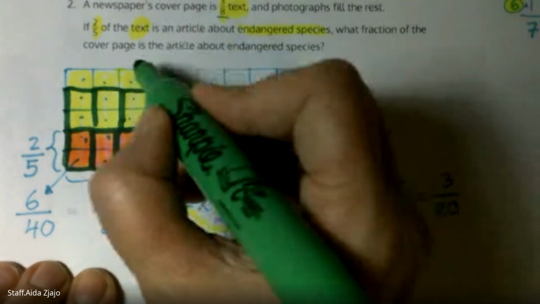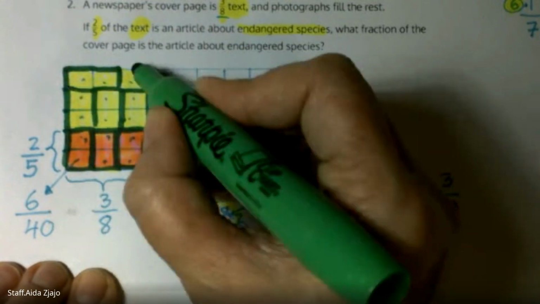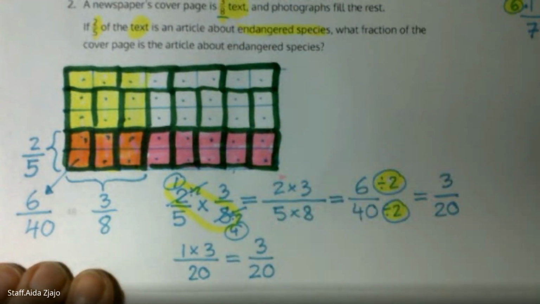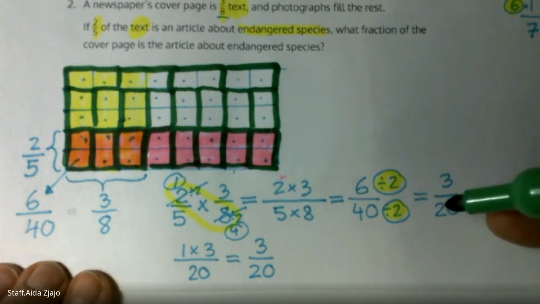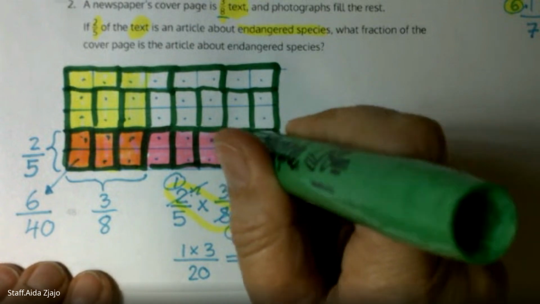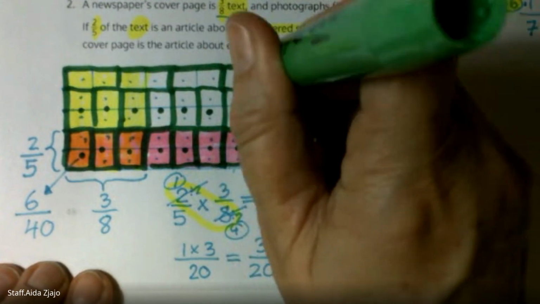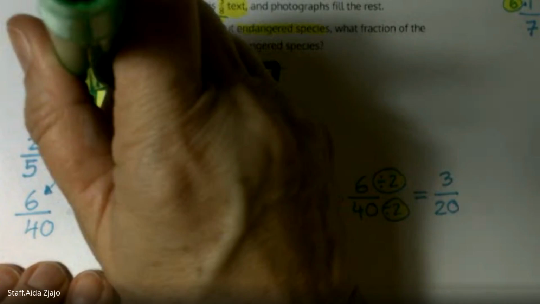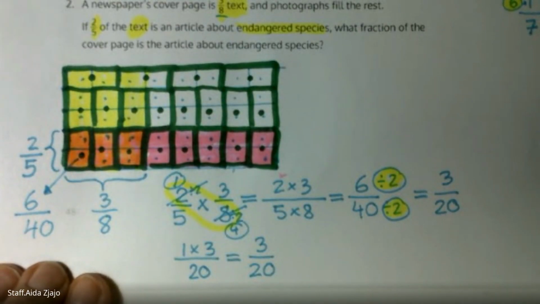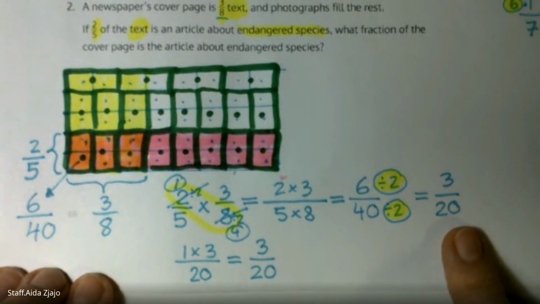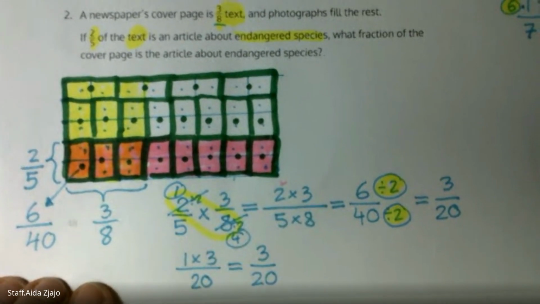And then when we come to here, we're going to combine this and this, and this and this, and so on. Now from the 40 pieces, we come to have 20 pieces. 1, 2, 3, 4, 5, 6, 7, 8, 9, 10, 11, 12, 13, 14, 15, 16, 17, 18, 19, 20. And we got 20 pieces. So 6/40 is the same as 3/20, and we prove it on the picture.